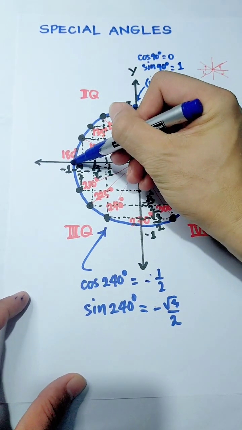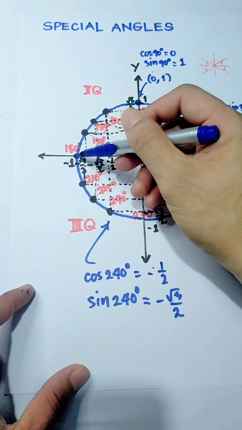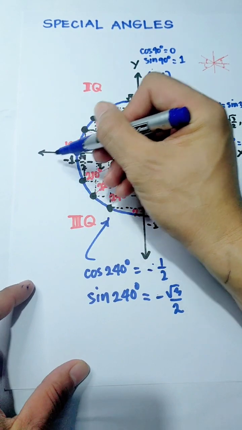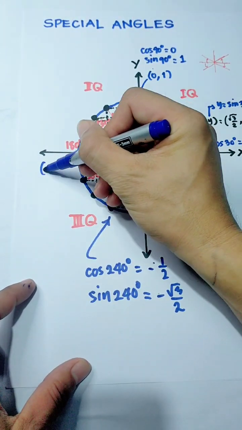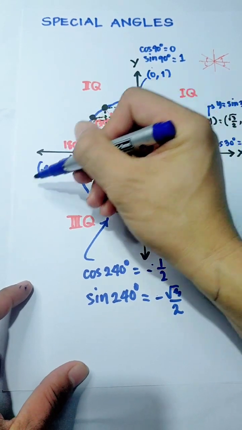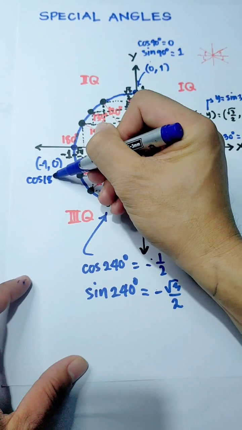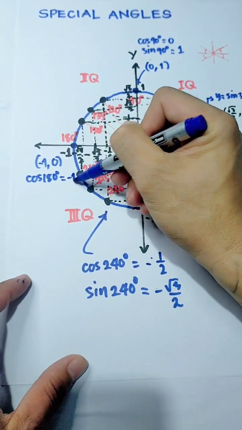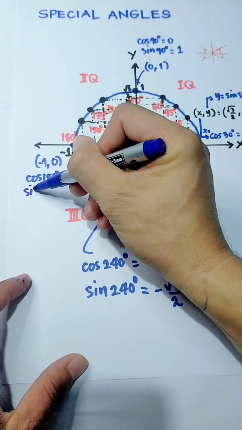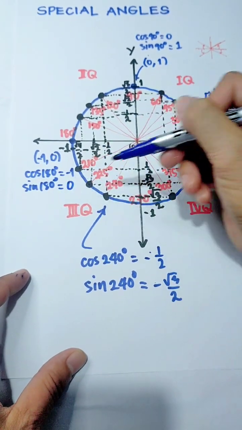And for this terminal point here, the angle is 180 degrees. So the x value is negative 1 and the y is 0. So that means cosine of 180 degrees is negative 1 and the sine of 180 degrees is 0.